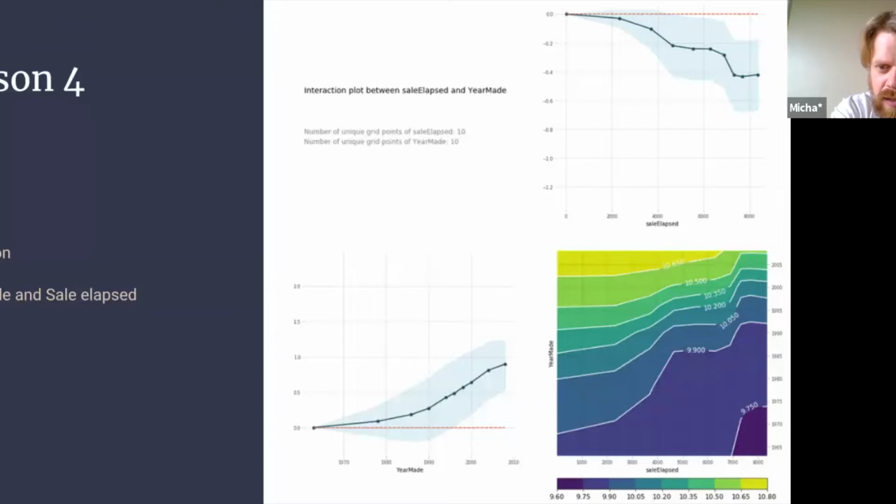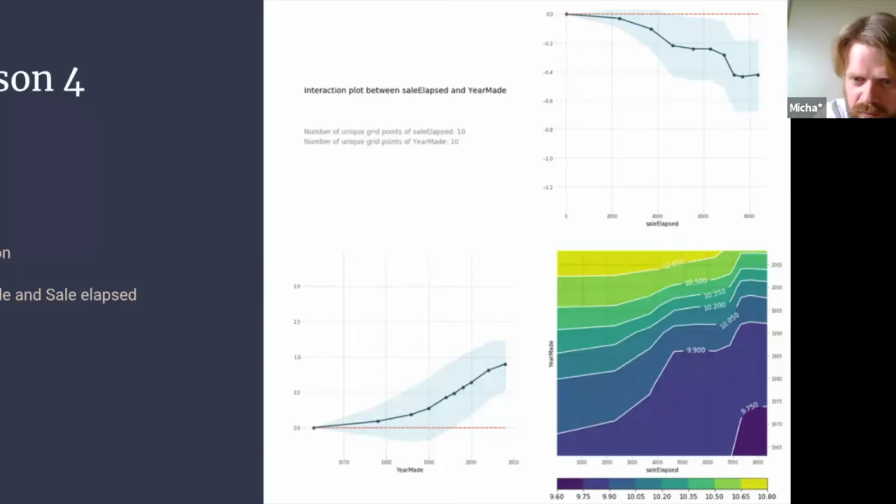So we can see that if sale elapsed goes up or down, from 1,000 to 8,000... The thing with the interaction is that if you just look at the individual graphs on year made and sale elapsed, you will not see the whole picture because there is also interaction between those two variables. And with those graphs, you can see that.